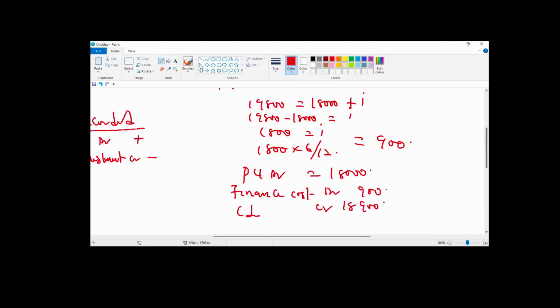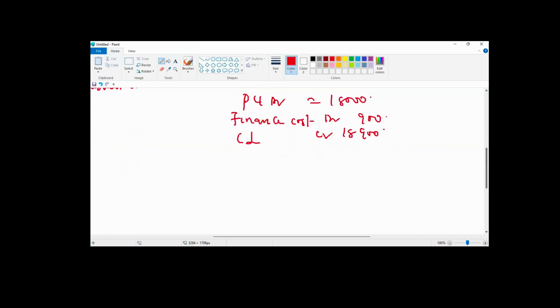I can also use amortized table. It will still give me the same thing. I can also use amortized table to get the interest by saying, look at the amortized table. Year 1, present value, 18,000.